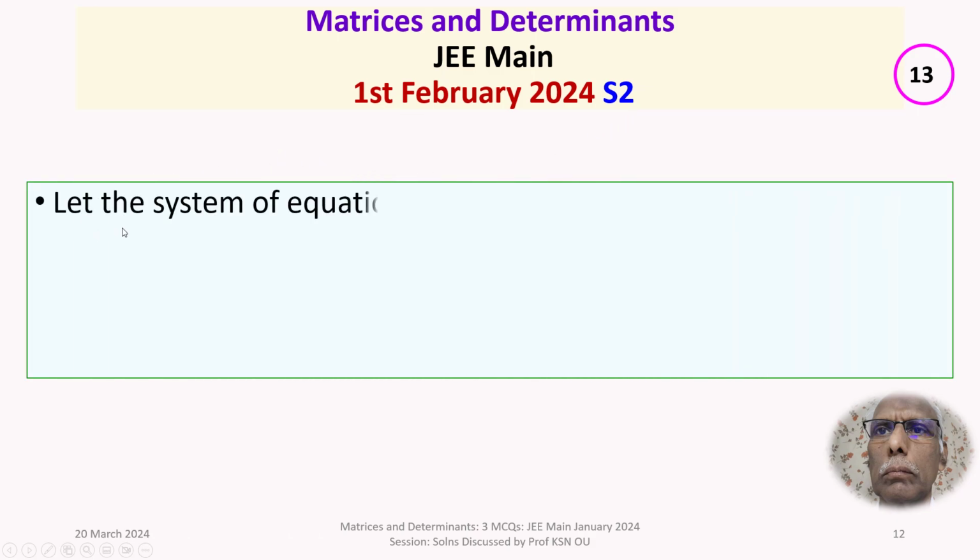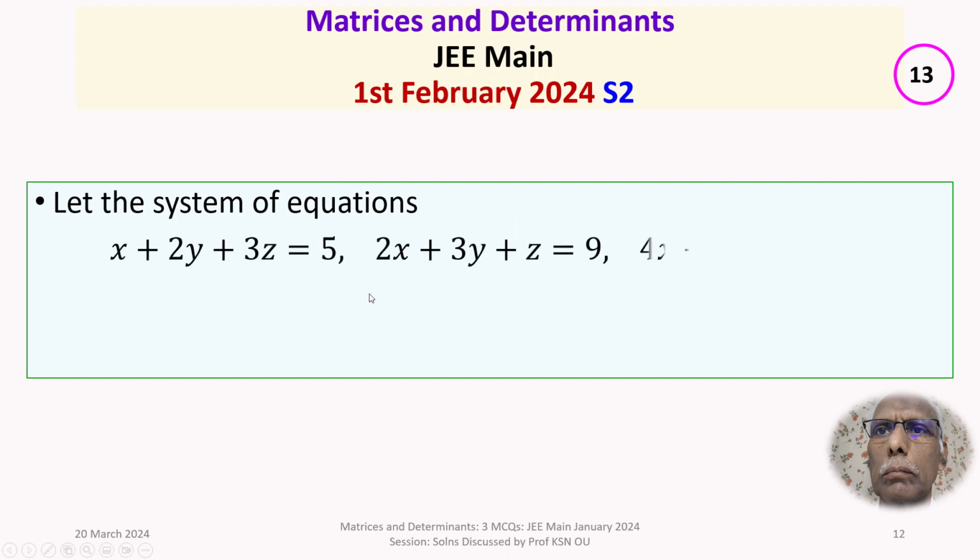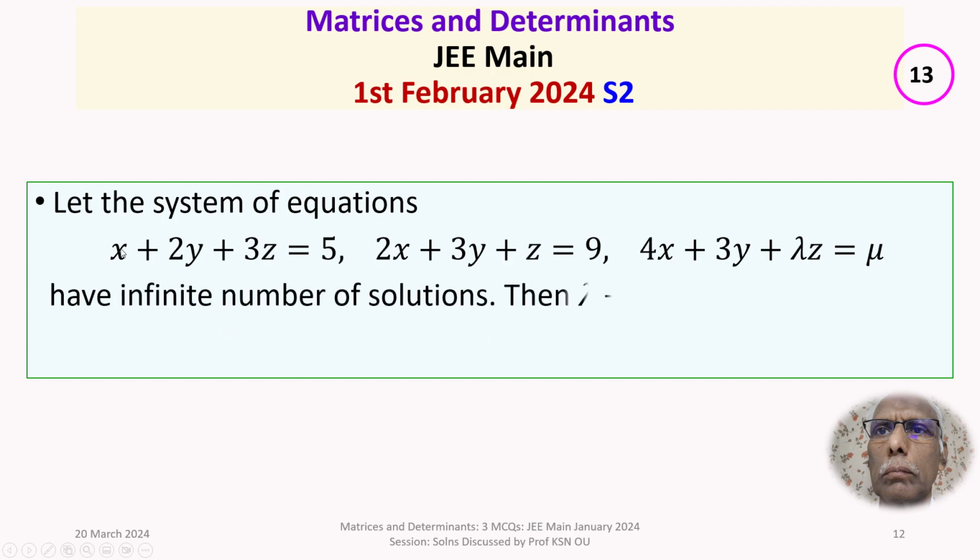The given question is: let the system of equations, you are given 3 equations, 3 unknowns x, y, z, involving lambda and mu, where lambda and mu are real numbers. And this system has infinite number of solutions.